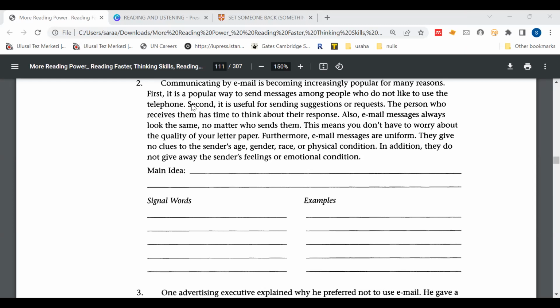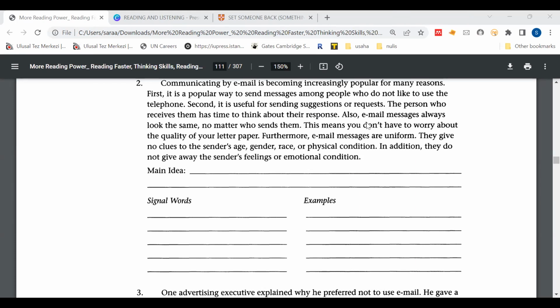Second, it is useful for sending suggestions or requests. The person who receives them has time to think about their response.